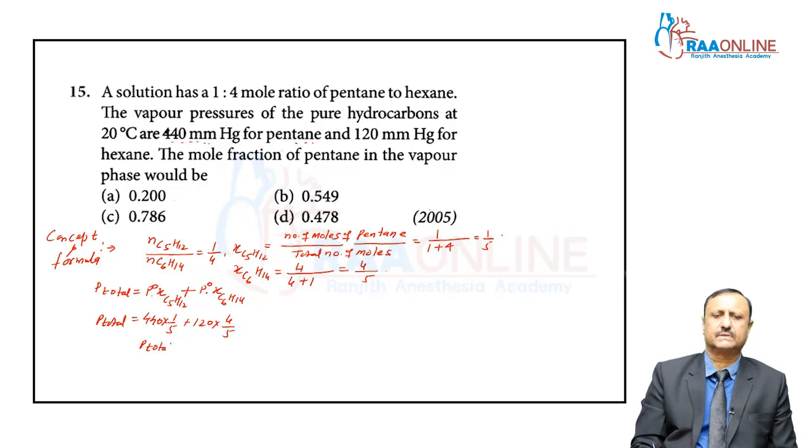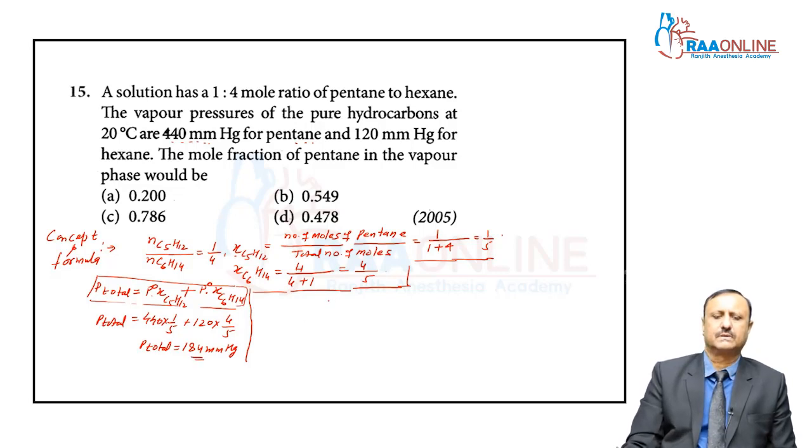So my dear students, when you multiply and add these, you get the P total, that is 184 millimeter mercury. Now we have calculated the mole fractions of pentane and hexane. After this, we put these values in the P total formula and calculate the P total.